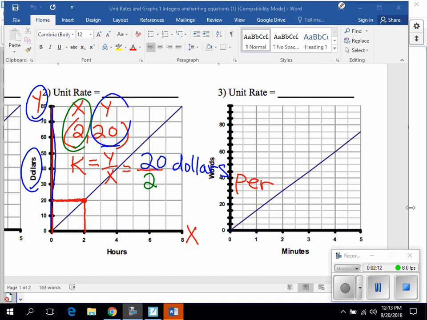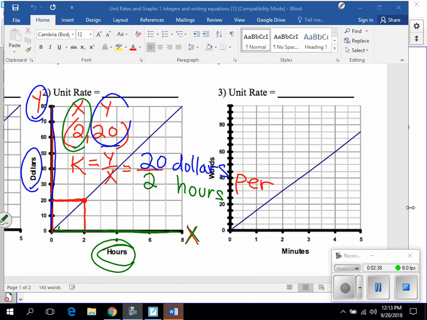For a rate, you're always going to have some value per some other value. So this is dollars per. And then when you look at the x-axis, you'll see the word hours on the x-axis. So the rate we're thinking about is dollars per hour. Maybe how much do you make per hour? How many dollars do you make per hour?